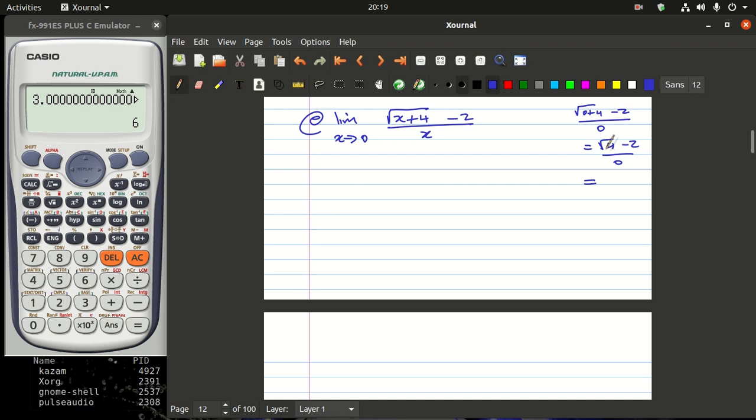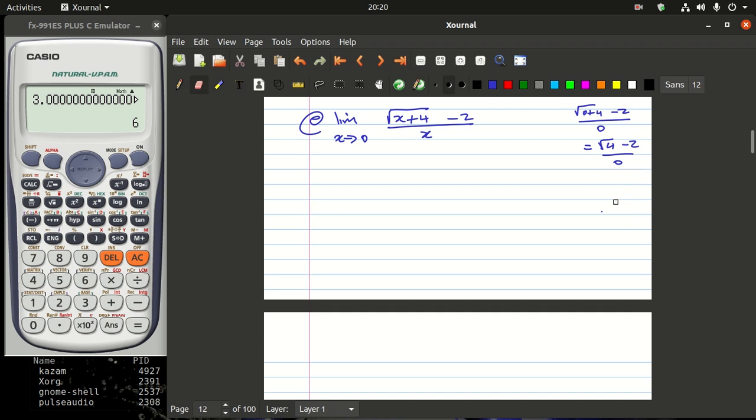I don't want you to say that the square root of 4 is plus or minus 2. That's not true. The square root of 4 is always going to be 2, the positive one, the principal square root. So you have 2 minus 2 all over 0, which is 0 over 0. So we are having a 0 over 0 when we evaluate this function at x equal to 0.